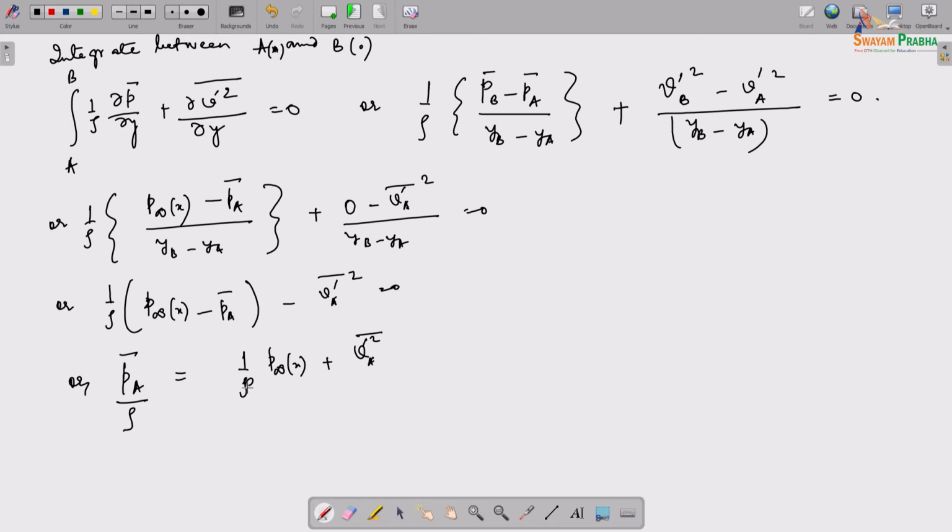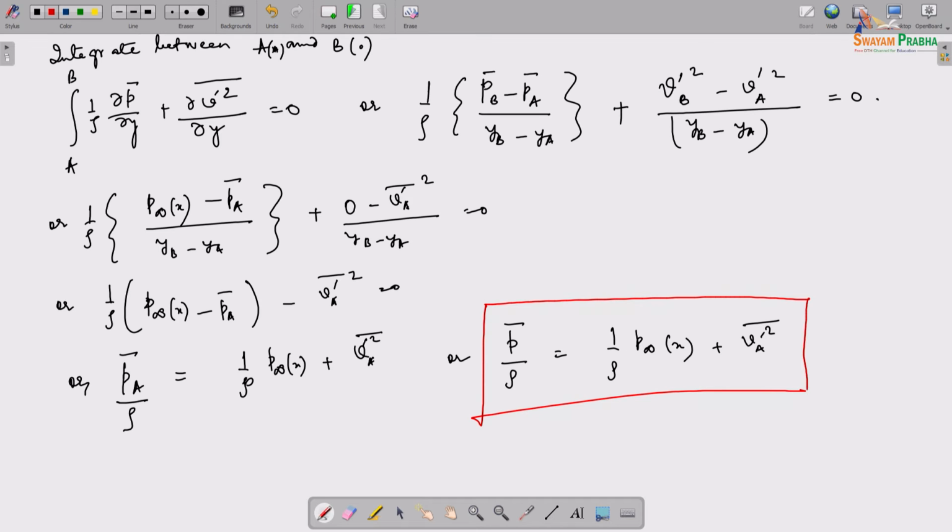Now basically A is an arbitrary point, so I can remove the A and just write this as the velocity at any location. So essentially this is 1 by rho. This is then the relation which the mean pressure will hold.